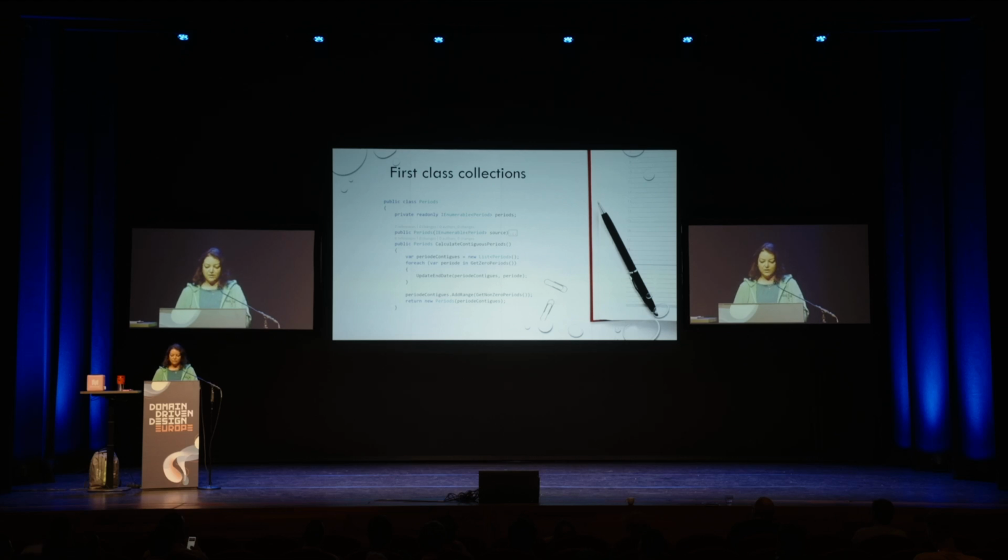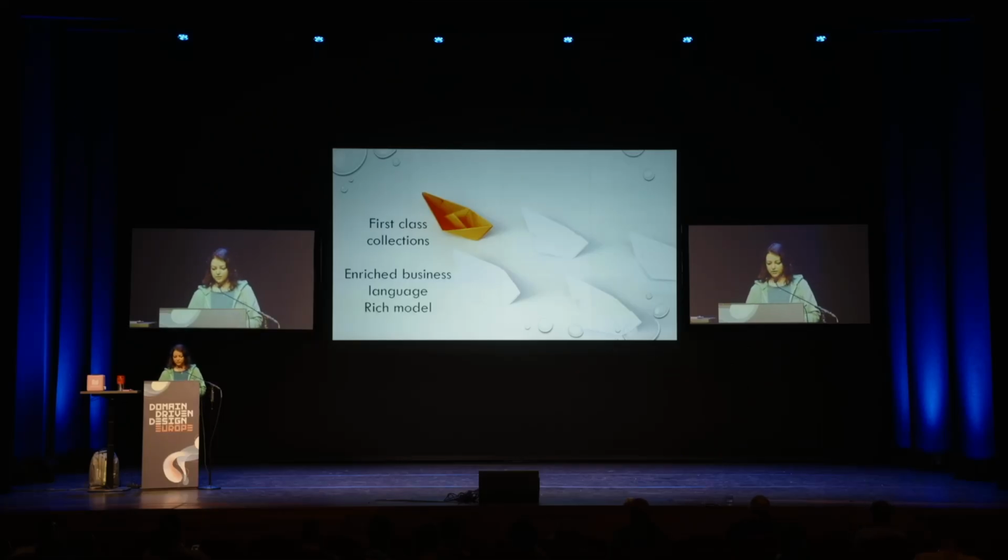But now the code becomes easier to read because we have no parameter on the method, and we encapsulate the behavior inside a class. So this rule enriches the business language, and we have a rich model after applying this rule.